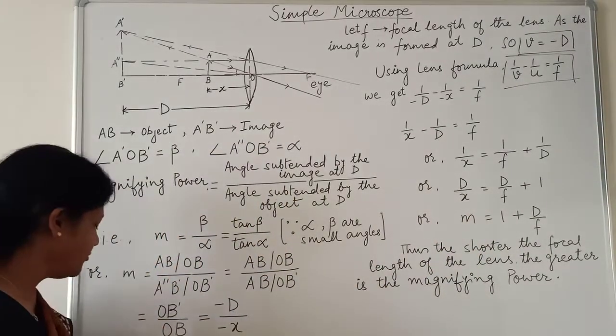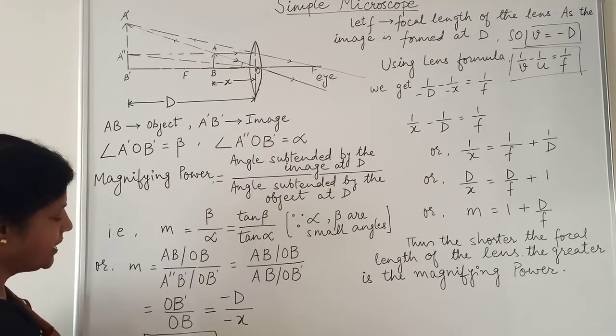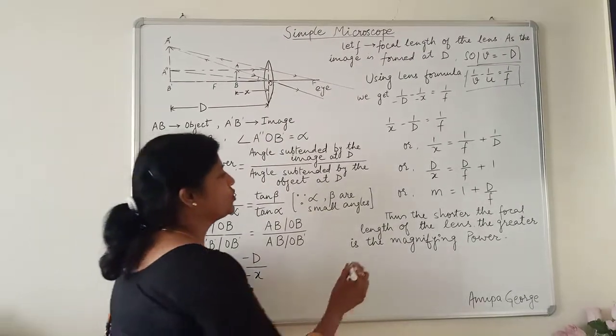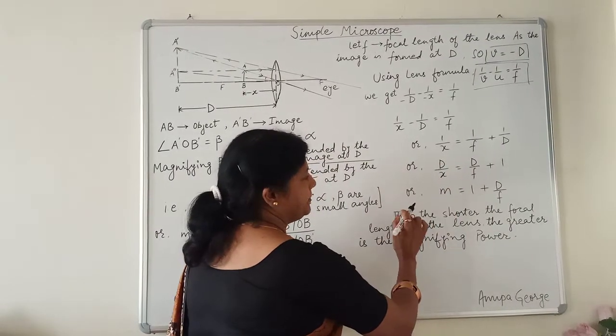We have magnifying power M is equal to D upon X, so for this D upon X, we can write M.